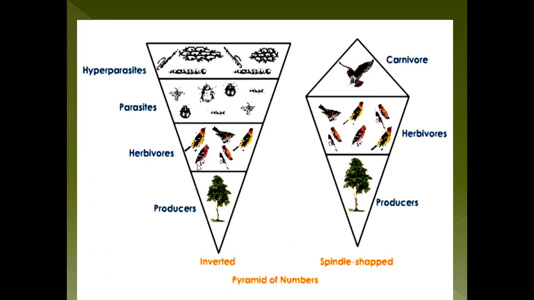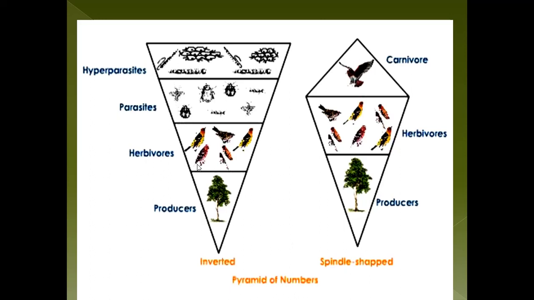Now another pyramid is given here, where it also starts with the single producer, one tree, and then several birds, herbivore birds, coming under primary consumer, and on these herbivores, we find that the large bird hawk is preying. So hawk is single again.